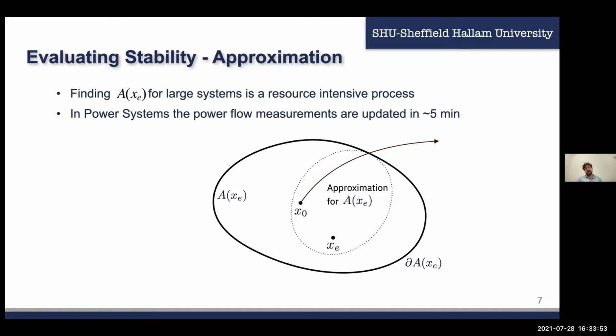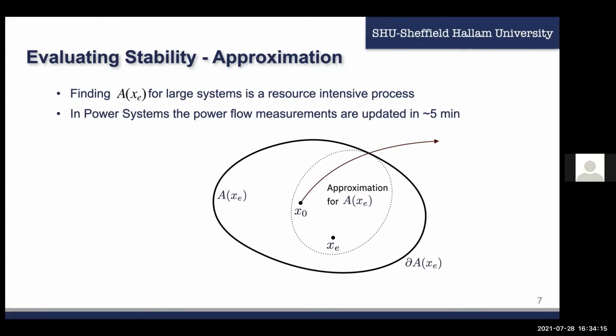The problem is finding the stability region. It's not that hard if you think about it, because I can use a computer and run a lot of simulations for several points, and see if each goes to the equilibrium point. But for a power system, our measurements and demand are not static.